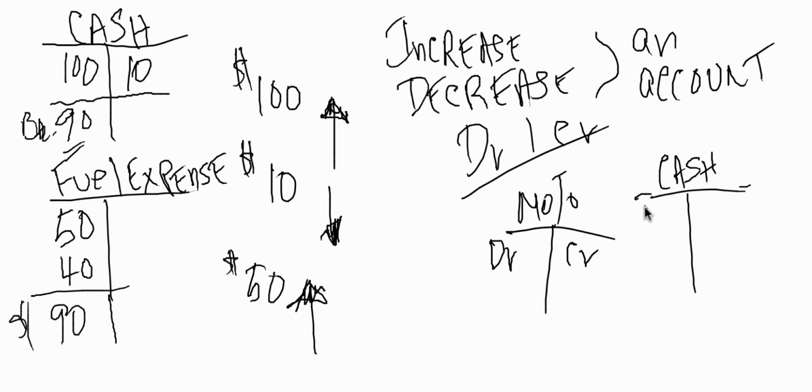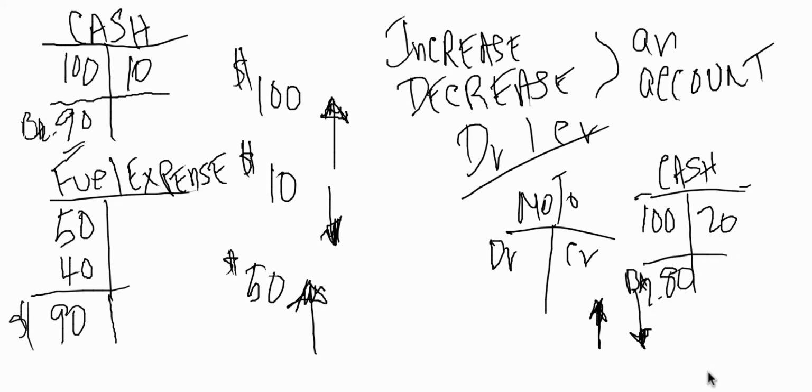I've got that $100 that increased this account, and now I'm going to give you 20 bucks out of my cash account because, well, that's just the kind of guy I am. All right, that $20, is that going to increase this account or decrease this account? And I think we all realize it's going to decrease this account, and therefore my balance is 80.